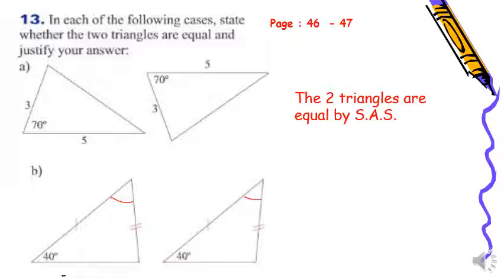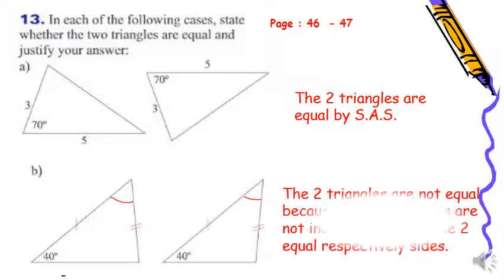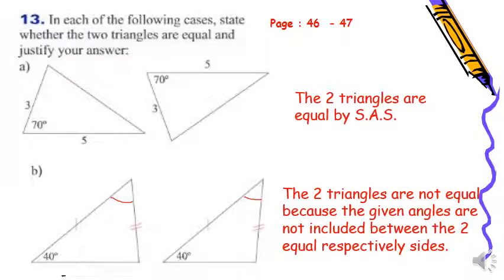But in this case, these two angles are equal. They are not included between these two sides. So these two triangles are not equal. Why? Because the given angles, these 40s, are not included between the two equal respectively sides.